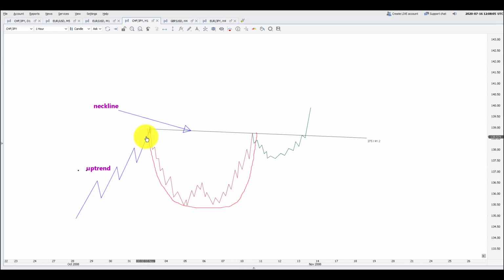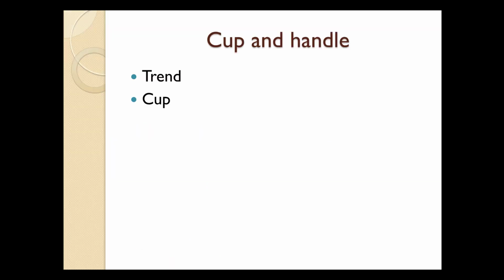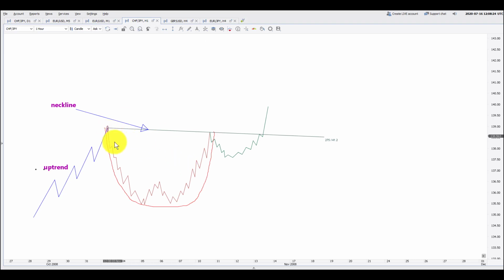In an uptrend, we saw that there is a formation of a cup. We will first see the required ingredients. Trend we have seen, check. Cup we have made. The next thing is the cup's depth. Now what is the depth of the cup? You see this height, from this high to the lowest low, is the depth of the cup.